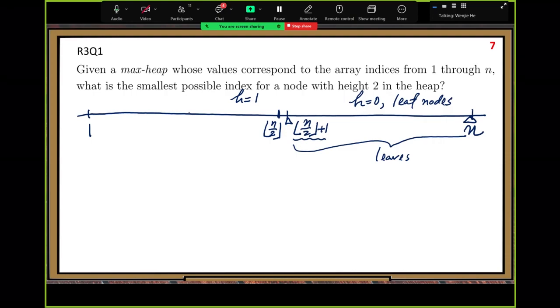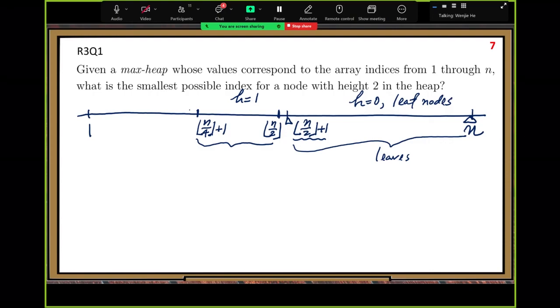The lower bound here is n over 4 plus 1. All the nodes in this range are height 1 nodes.